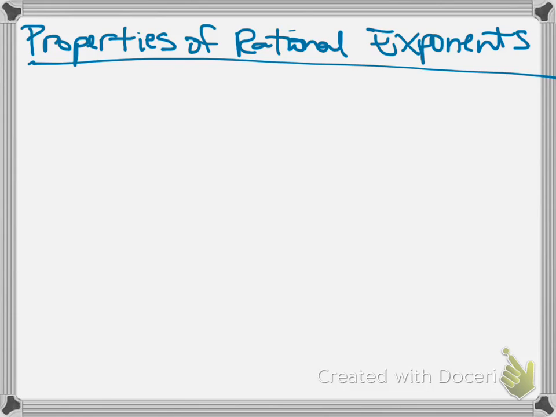Something that you will need to refresh your memory on in this section are the properties of rational exponents. These are things that you should already be familiar with, but you may be a little rusty on. The first one is that anytime you are multiplying two exponential expressions together that have the same base, you can simplify that by adding the two exponents together.